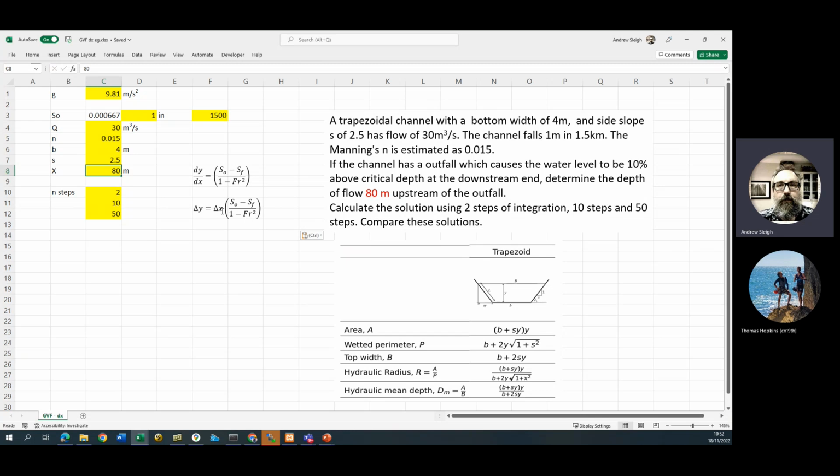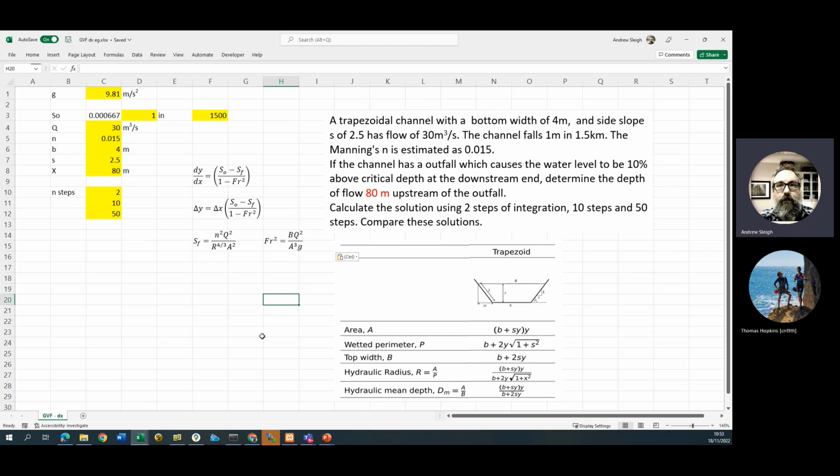The SF and Fr squared terms, let's just write those down because we're going to have to type those in. So SF, if you don't recall where that comes from, go and check. And Fr squared for a general shape channel, any shape channel.